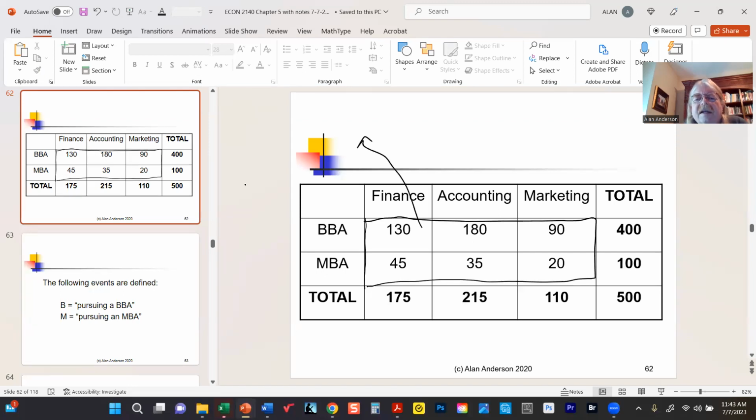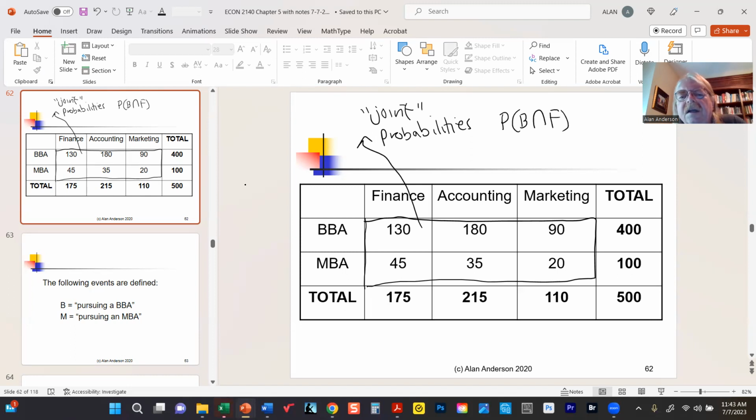In this little part of the table, these are known as joint probabilities. For example, the probability of somebody getting a bachelor's degree in finance can be written as the probability of B intersect F. Remember, this is the equivalent of and, and that would be 130 out of 500. And then we also have this MBA in accounting.